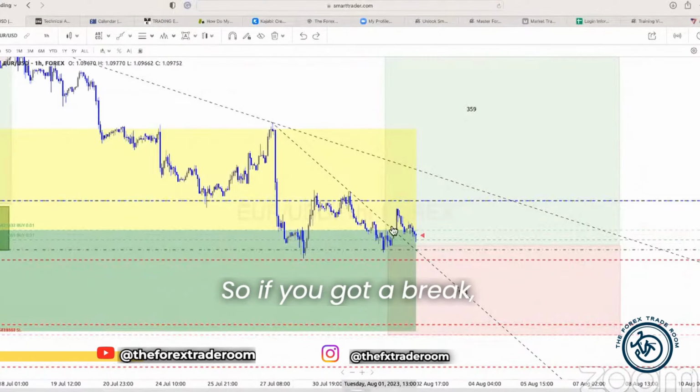Okay. So if you got a break, and the rest of this did not exist, if you got a break of the trend line there, are your rules met? Okay. So if your rules aren't met, would you have entered the trade? So would you be in drawdown?